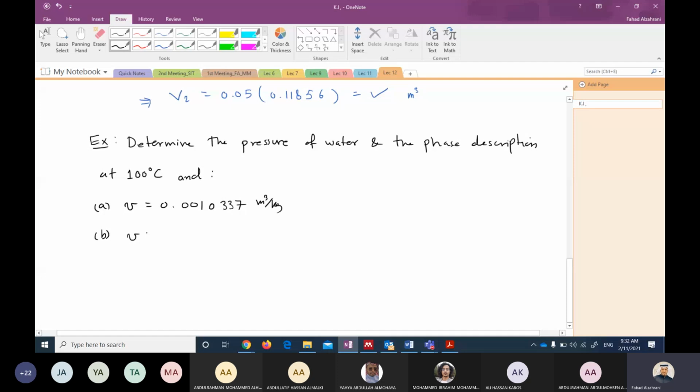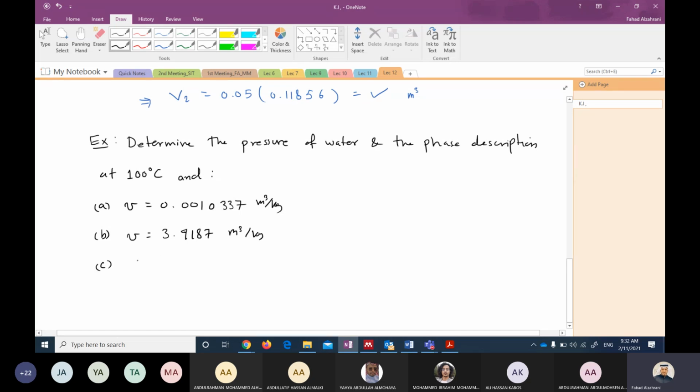The second part is V equals 3.4187 meter cube per kilogram.